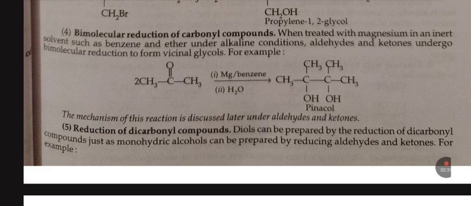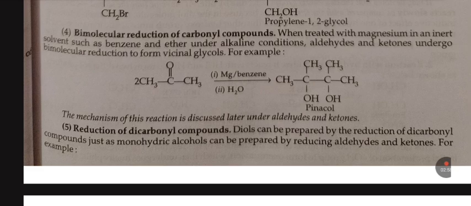When treated with magnesium in an inert solvent such as benzene and ether under alkaline condition, aldehyde and ketone undergo bimolecular reduction to form vicinal glycol. This mechanism of reaction is discussed later under aldehydes and ketones. Here we have taken ketone in the presence of Mg or benzene. Second, H2O, we will get pinacol.